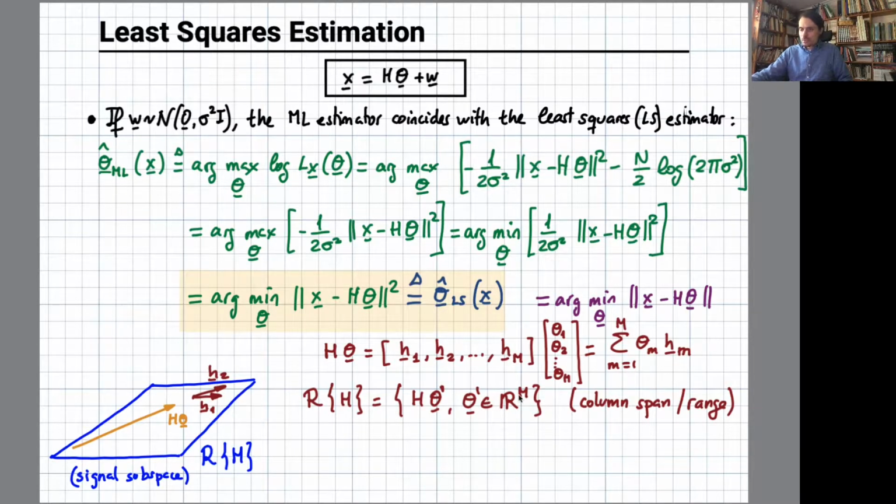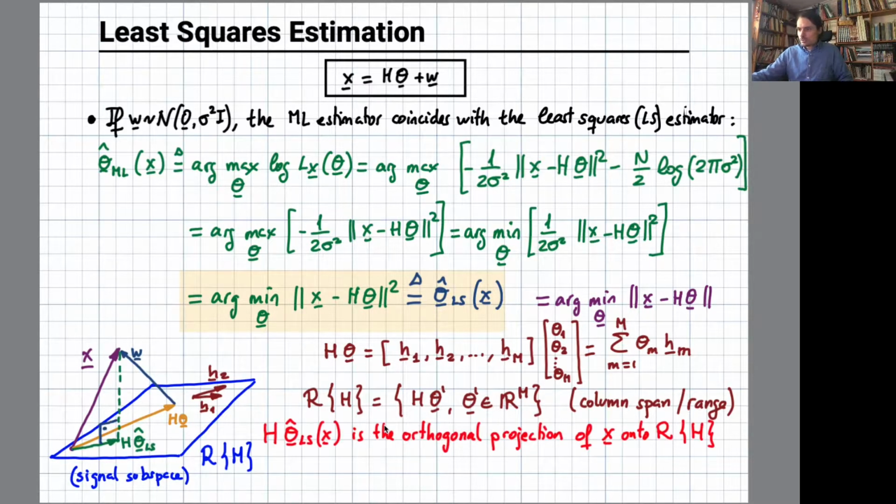However, the noise vector is not confined in any way to lie on this subspace, right? So it can point in any direction, and therefore x, which is just H theta plus w, is not generally on the subspace. Okay. So what least squares does, as we see here, is to find the theta for which this vector H theta is closest to x in this Euclidean distance sense, right?